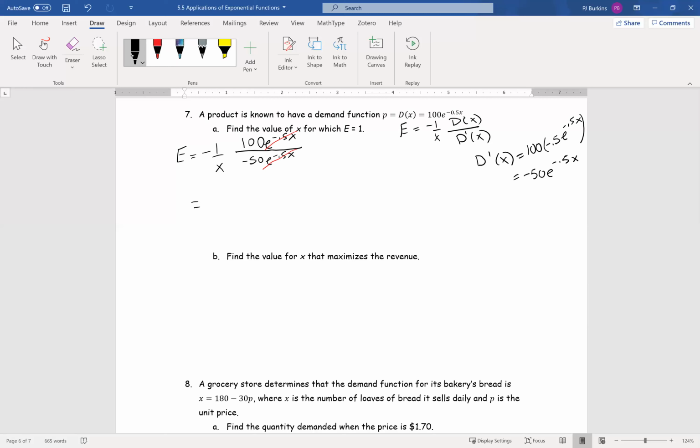And the two negatives give us 2 over x. Now, we were told that e equaled 1. So we just set this equal to 1. And so x equals 2.